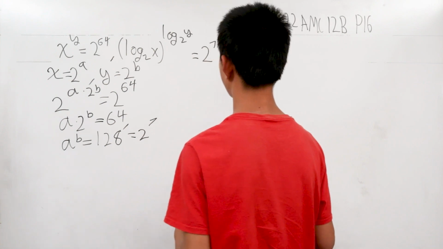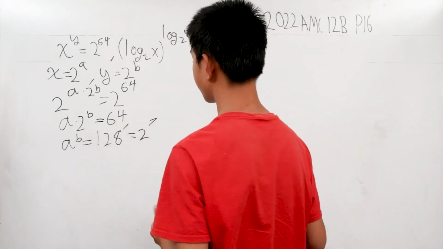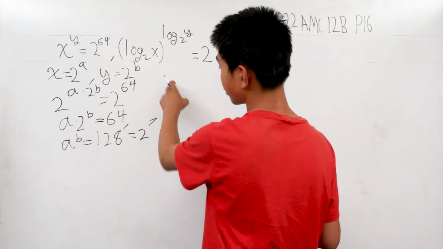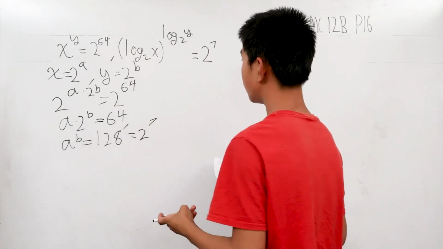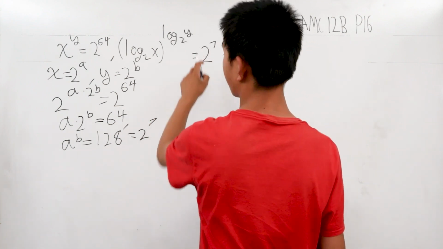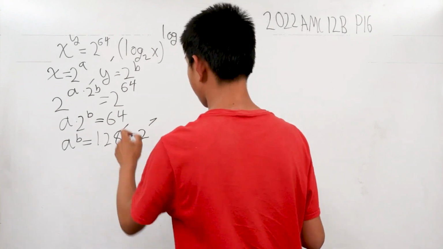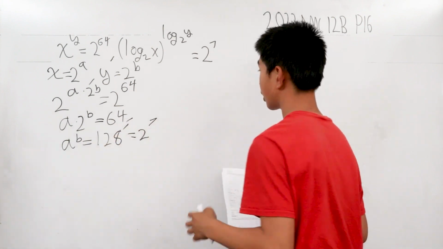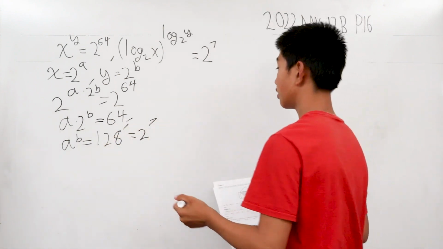So we know that these quantities are equal to each other. So log base 2 of x is just a. Log base 2 of y is just b. So in this case, we can solve for a because we want the same variables.